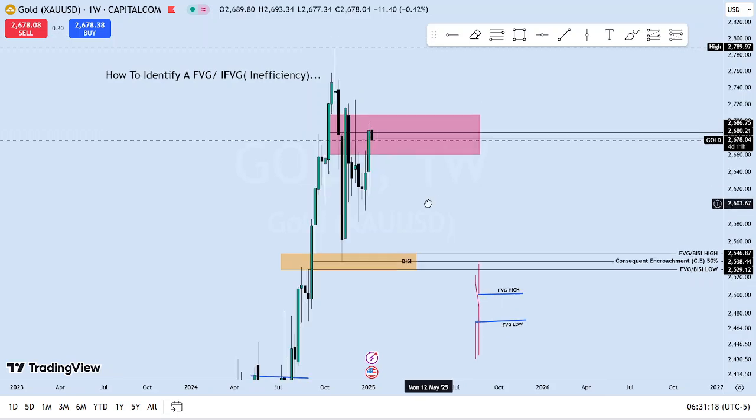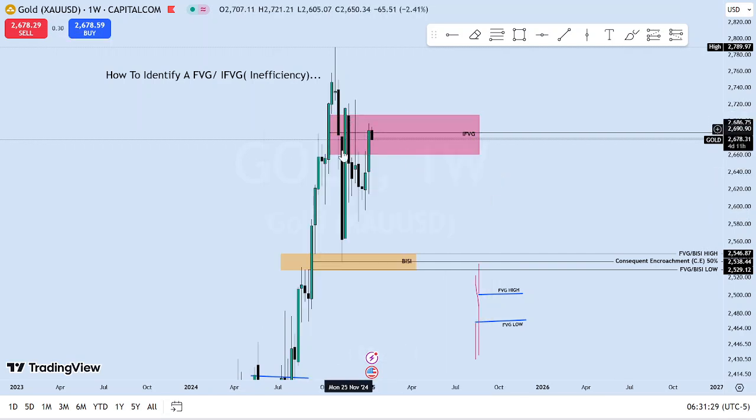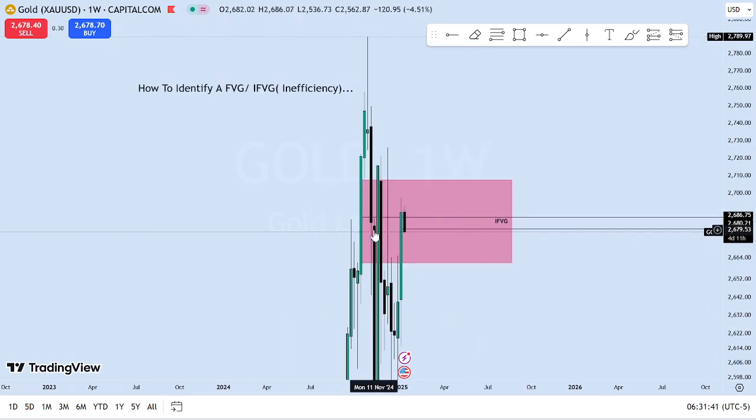So coming back, price trading back to this inversion fair value gap is now acting as a resistance level. That's why price dropped, because we broke below the consequent encroachment of it.